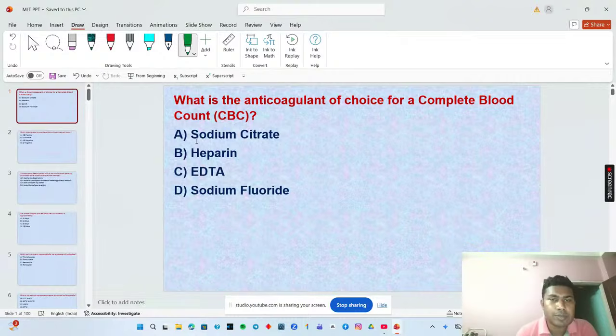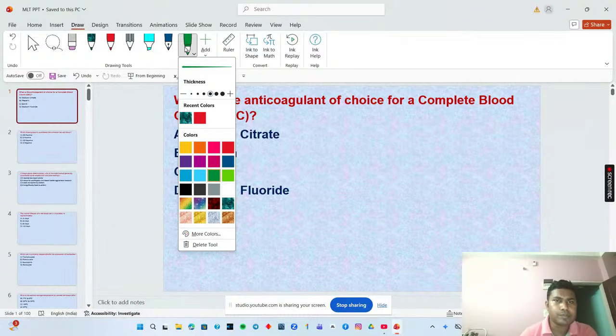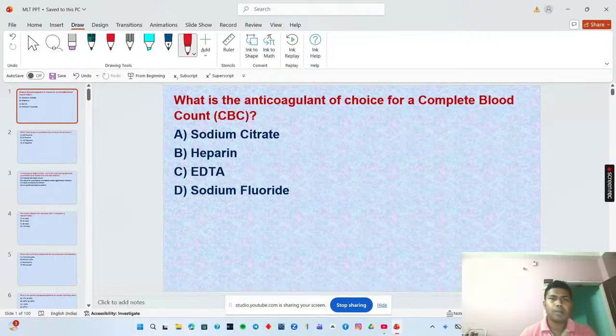So here the first question is: what is the anticoagulant of choice for complete blood count? It is a question of hematology. For complete blood count we need a sample which has not gone under hemolysis.